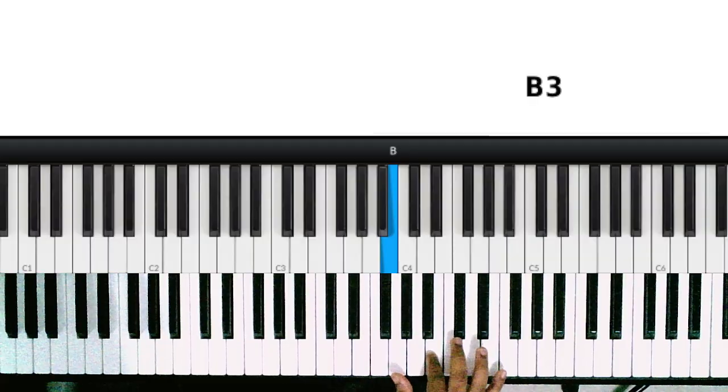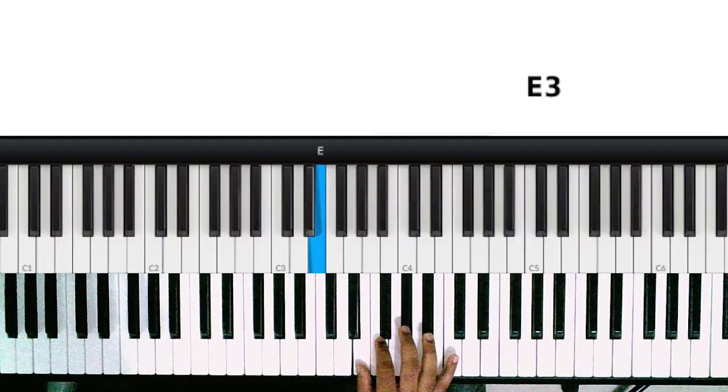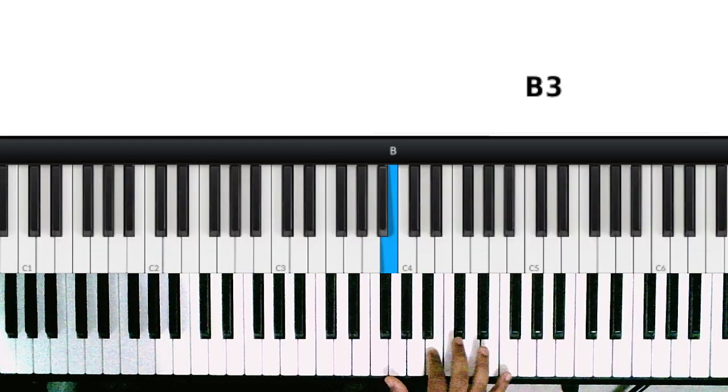Between your 7 and 1, or 7 and 8, where 8 is the same as 1, is a semitone. So we have only two semitones: 3, 4, then 7, 8 or 7, 1. So we just played the C major scale.